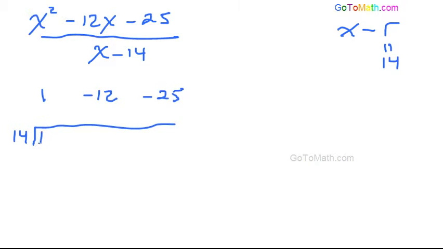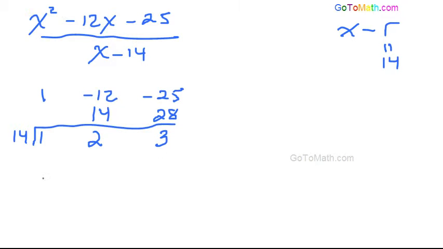Bring this 1 diagonally down. So 14 times 1 is 14. Take that difference, you get 2. Then 14 times 2 is 28. And then that difference is going to end up being, what, 3? Is that right? Okay. So now what we'll do is just rewrite it.